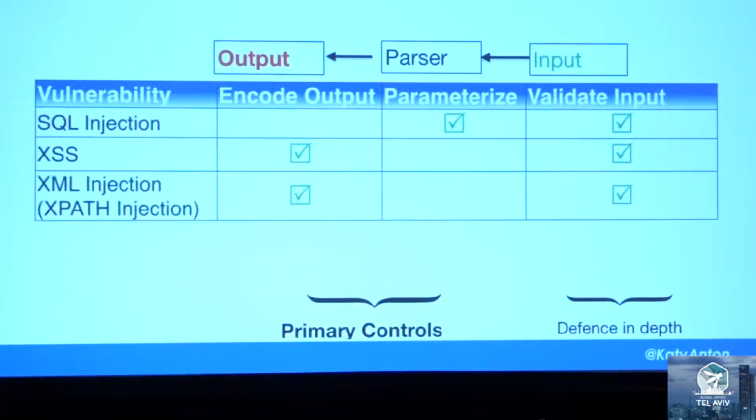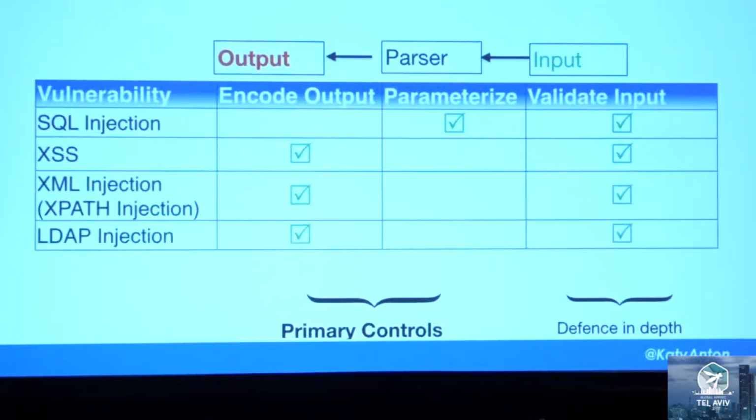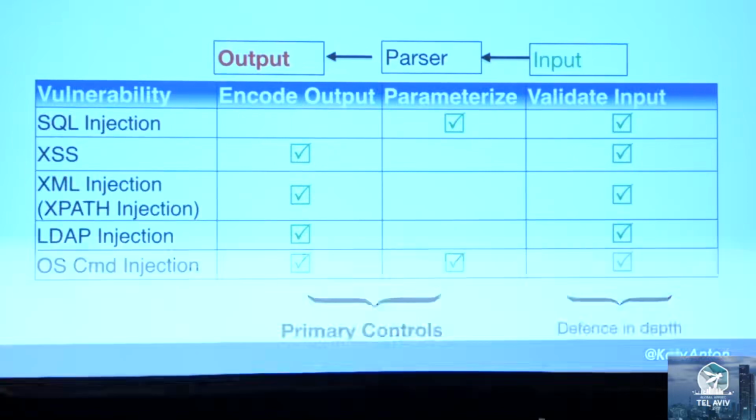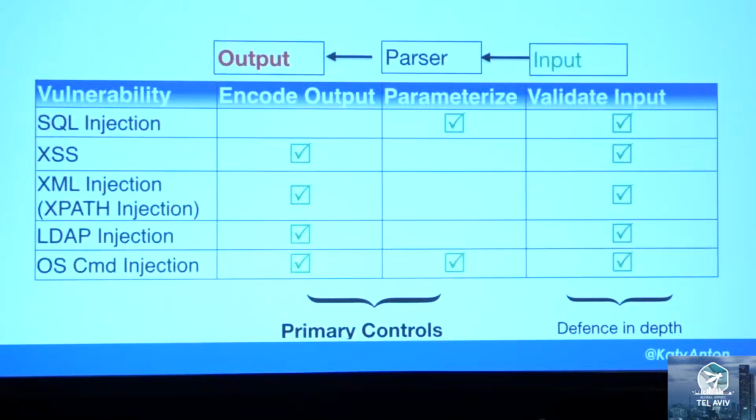Similarly for XML injection, LDAP injection, and command injection. In the case of command injection, depending on the language used, ideally we would parameterize the data if that is available. If not, then contextually encode the output before sending it to the parser, to neutralize the characters that can trigger the code injection, the command injection.